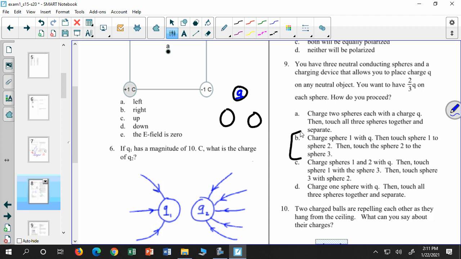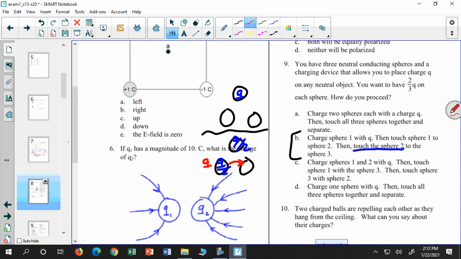When I do that, I'll get my 3 spheres again, with Q over 2 here and Q over 2 here, right? Because it splits that charge up when I touch those 2 spheres together. But then it also says to touch sphere 2 to sphere 3. So if I touch this sphere to this one, it's going to split it again. So those bottom 2 spheres are going to have what charge on them?